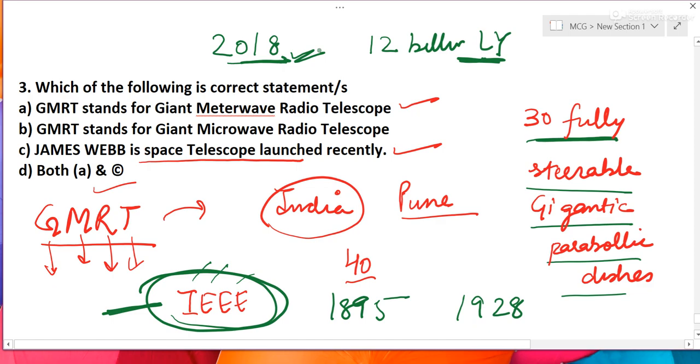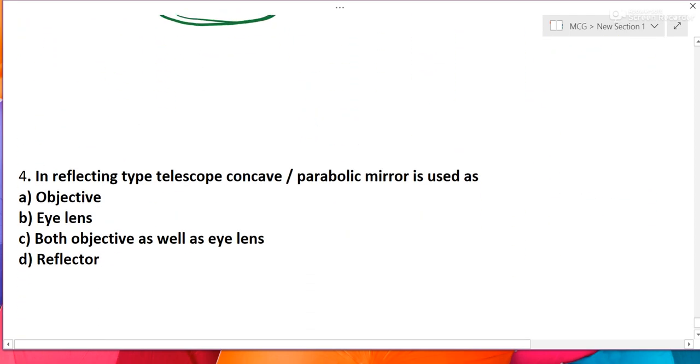And in February 2020, it helped in the observation of the biggest explosion in the history of the universe. That is known as the supercluster explosion. So if you wish, you can find more about it. This particular question I found very interesting. So let us get to the next.